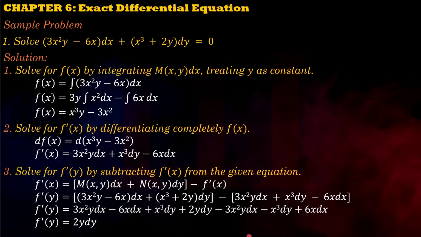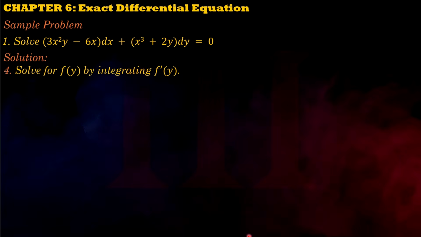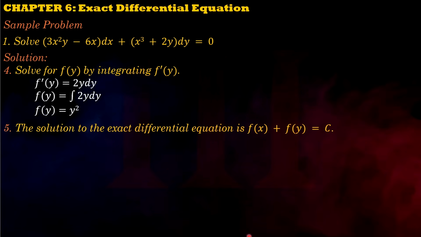Okay? Step number 4. We have to solve for f of y by integrating f prime of y. Recalling our f prime of y is 2y dy, and we all know the integral of that is simply 2y squared over 2, or simply y squared. And then lastly, the solution of the exact differential equation is simply f of x plus f of y is equal to c.